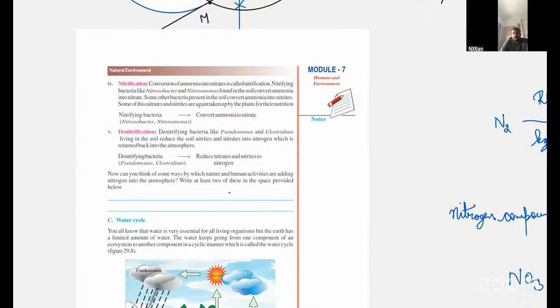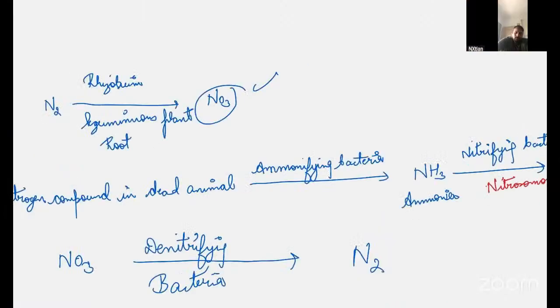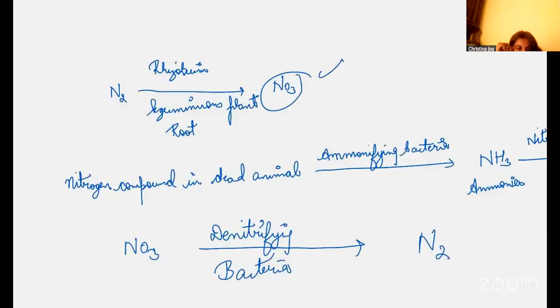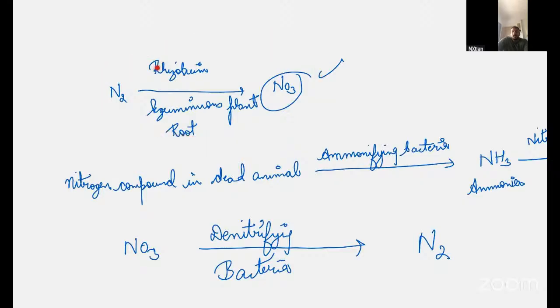Okay, so now, Christina, in that formula below, what's the formula? Could you tell it? I'm not able to understand. Which part? The N2 to NO3, the upper one. So I told you, leguminous plants have a relationship with bacteria called rhizobium.